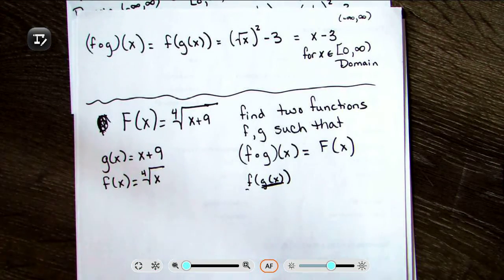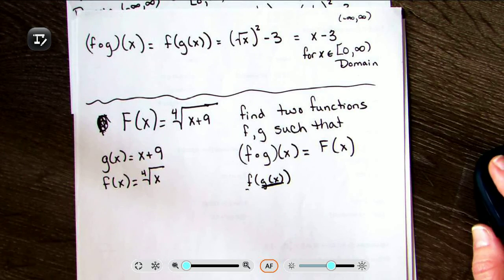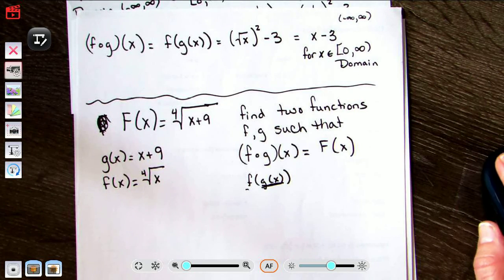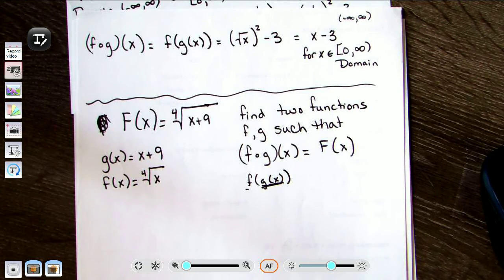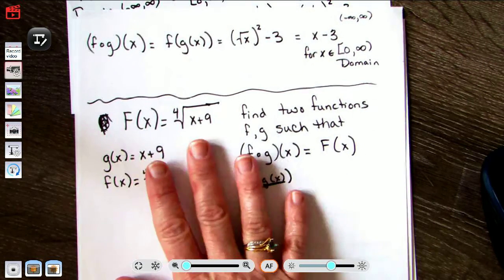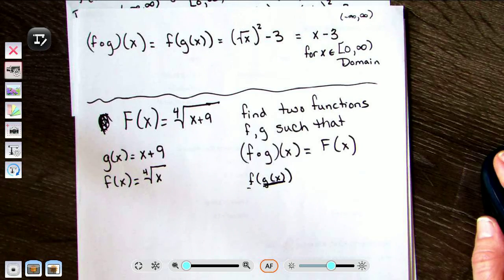So all they're trying to get you to do is start seeing functions inside of other functions. That's all they want you to see. Can you see a function inside of another function? Okay, now I'm going to stop the video and come back to one last topic, because we're going to look at these combinations. Instead of having functions in terms of formulas, we're going to see them in different formats.